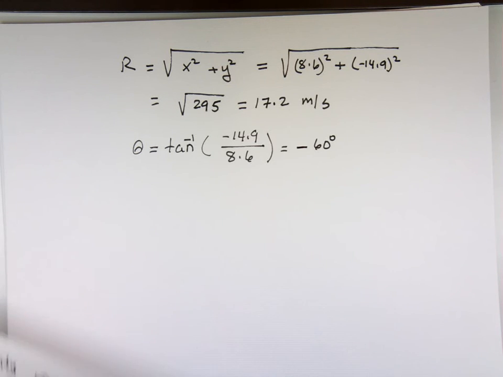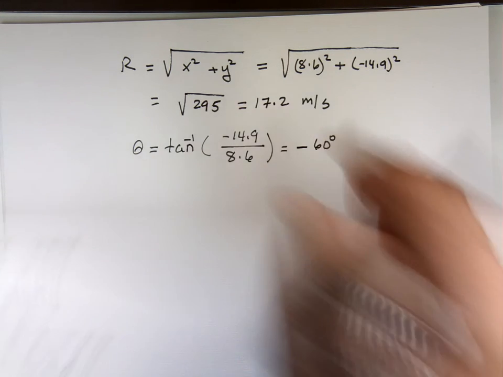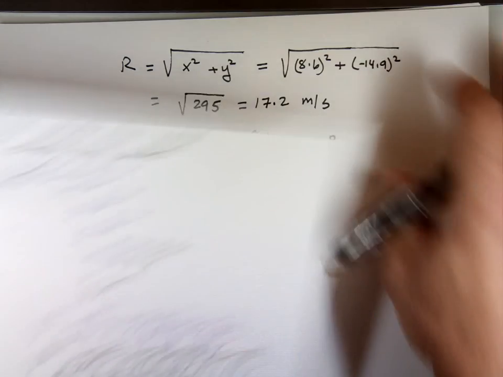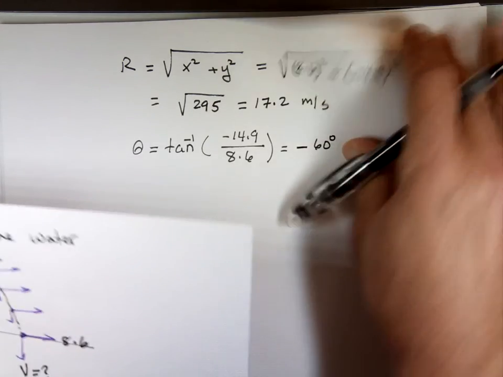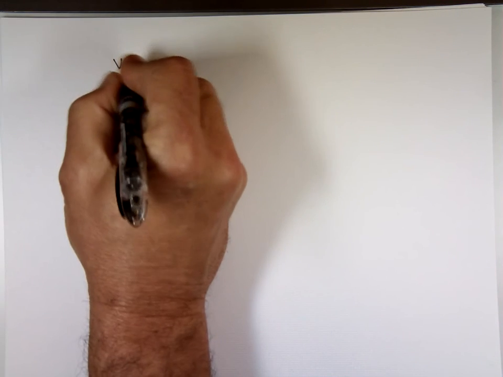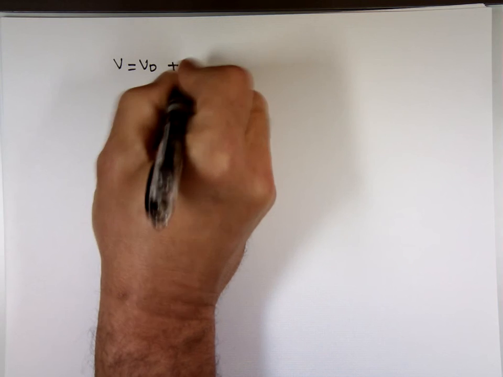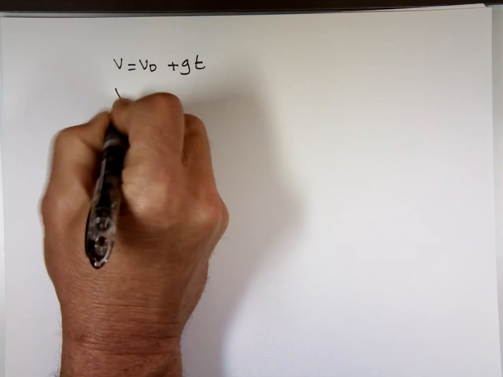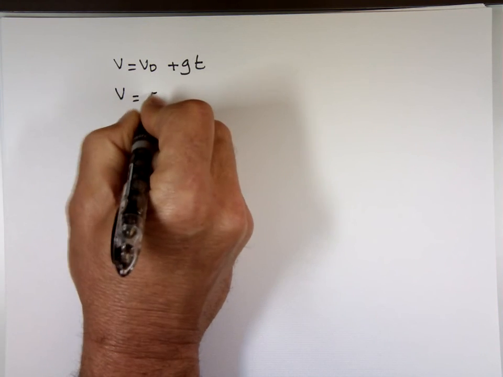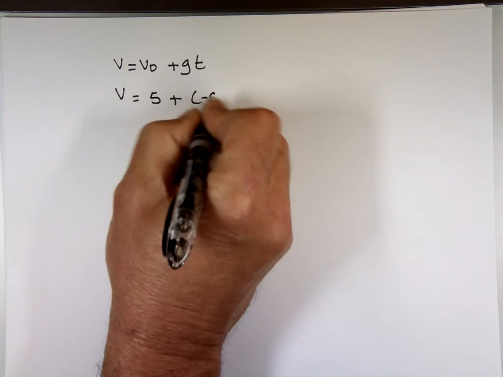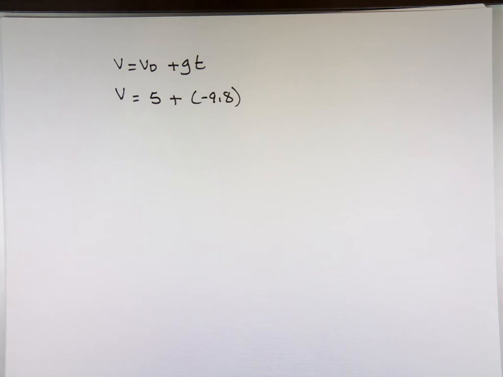So notice the question, could I calculate the final velocity in the y direction using v equals v0 plus gt? And I said the answer is yes. V0 was 5, gravity is negative 9.8, and from the first part, we calculated the time. What was the time for that person in the air? 2.03.